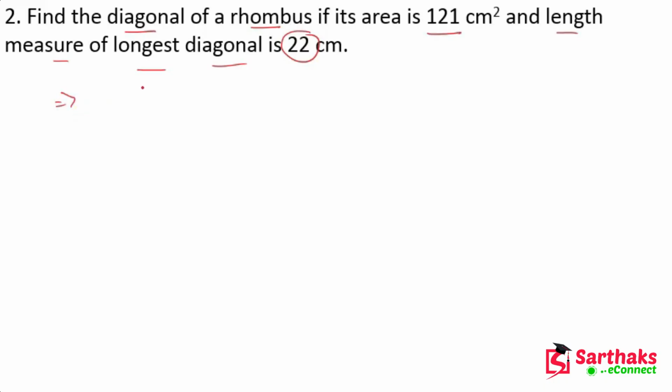It means the area of the rhombus is equal to 121 centimeter square. Let d1 be equal to 22 centimeter, the longest diagonal. Here we have to find d2.